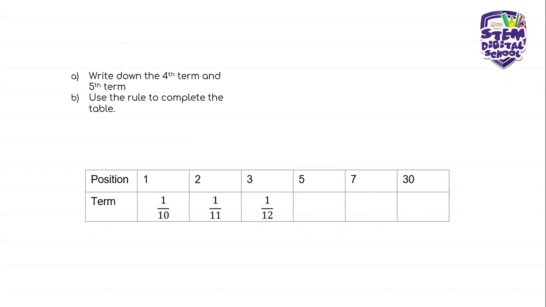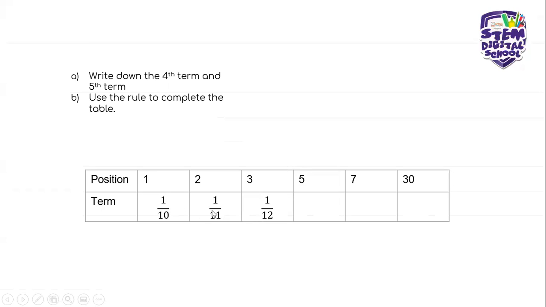So now I'm giving you something different as homework. I want you to take this table. You can see that we have some fractions in the terms there. I want you to write the 4th and the 5th term. You can see that we are given the first ones here, 1, 2, and 3.